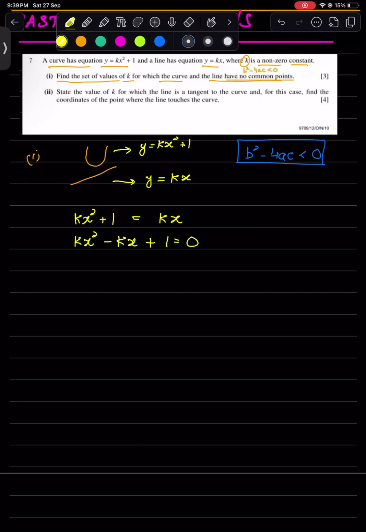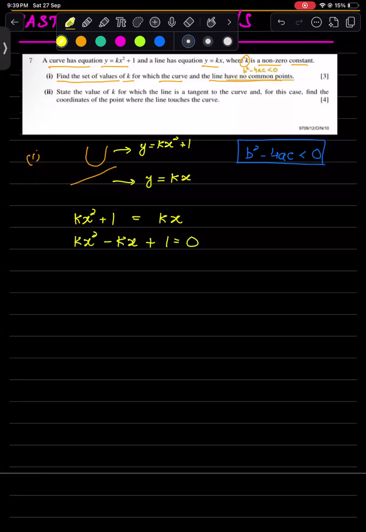Yes. After that, we need to find the discriminant, obviously. So for the discriminant, we have b squared minus 4ac less than 0 in this case, right? This is my b, this is my a, and this is my c. So my equation would be what?